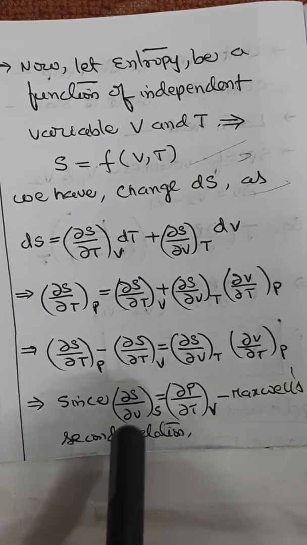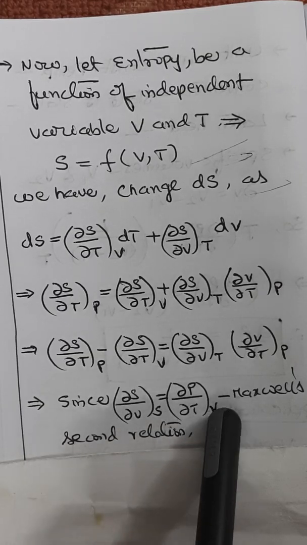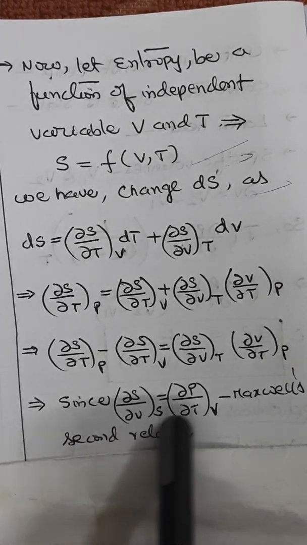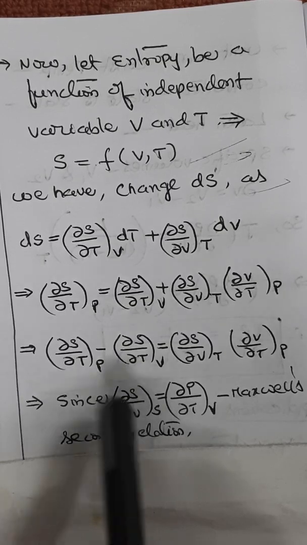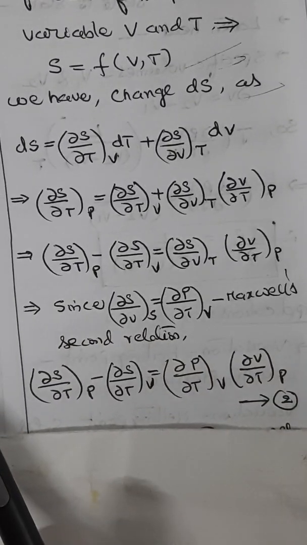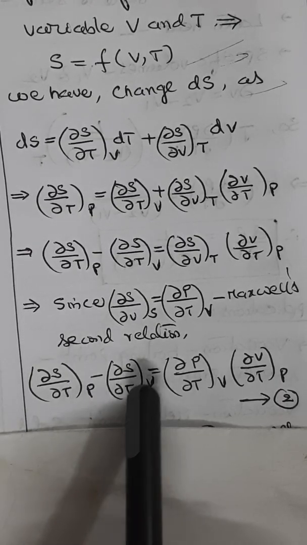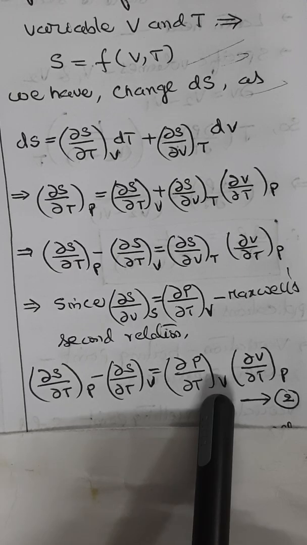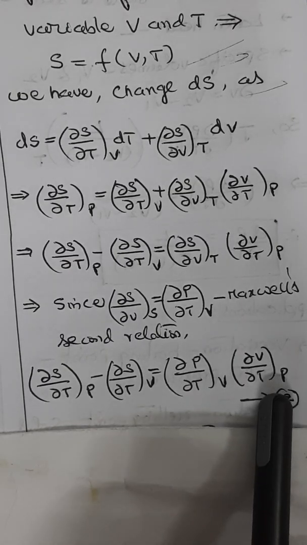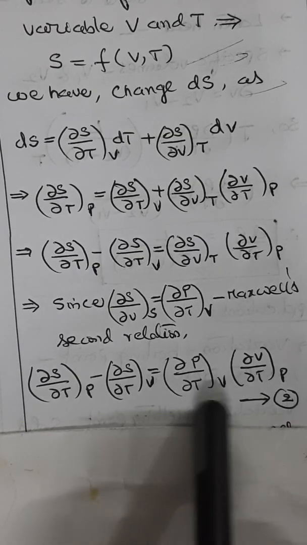Now we can write ∂S by ∂V at T equal to ∂P by ∂T at V, using the Maxwell second relation. We can modify this as ∂S by ∂T at P minus ∂S by ∂T at V equal to ∂P by ∂T at V into ∂V by ∂T at P. Let this be equation 2. Now we have two equations.